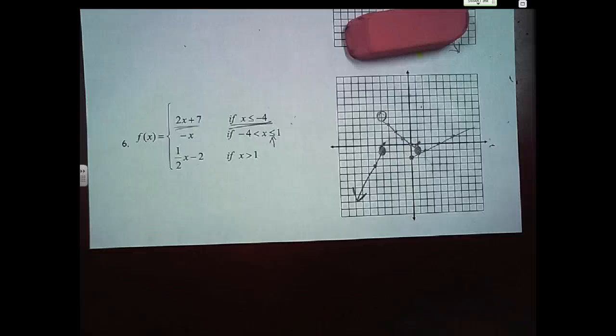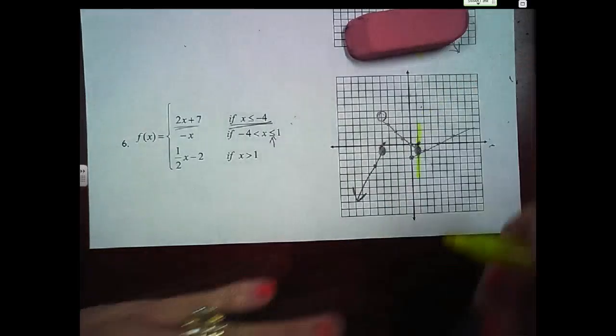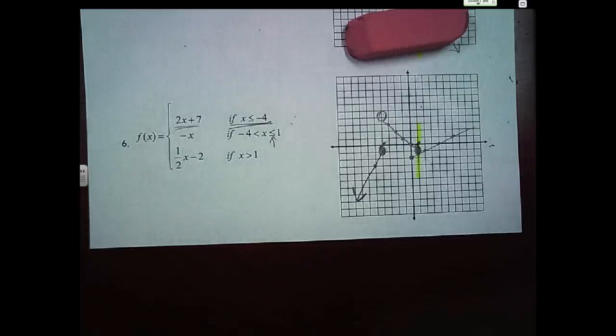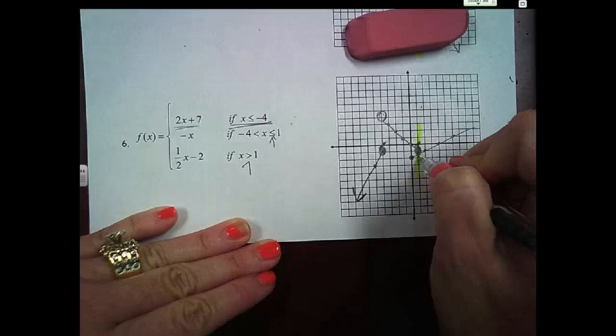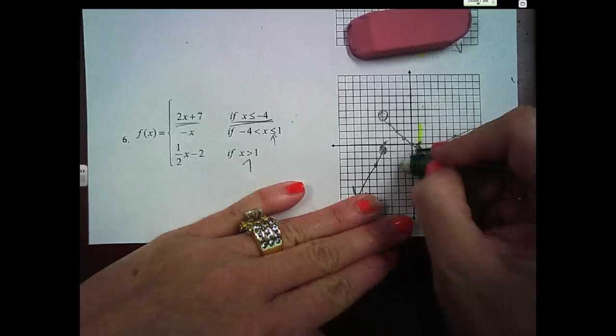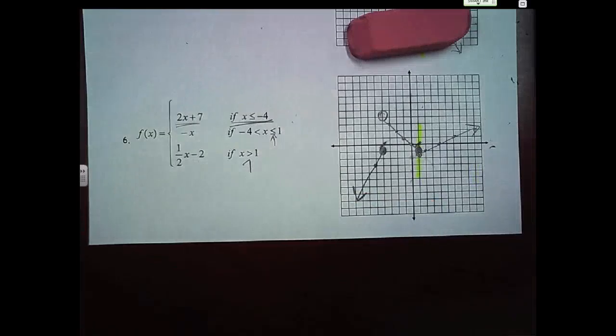So when I go to 1, and you can use a highlighter again here to show you, I'm not actually on a direct point, am I? No, it doesn't matter. So the highlighted section at 1, wherever you are, it tells me to be open. So I want an open circle right there. And I'm going to erase everything to the left. Okay, and you're done with your notes.